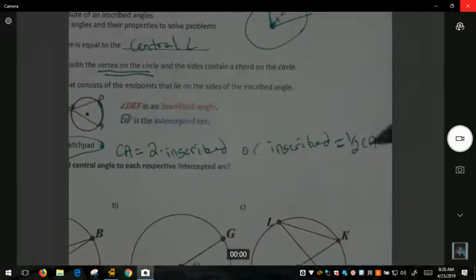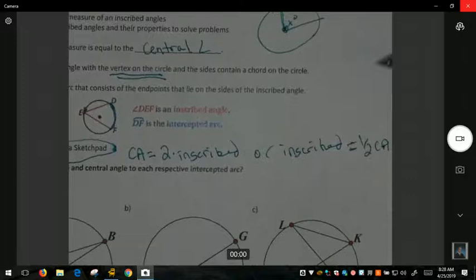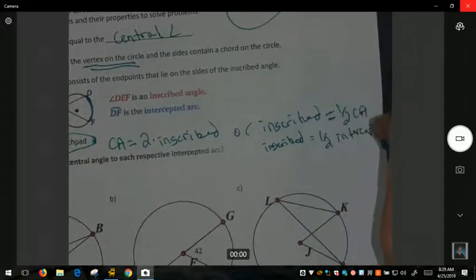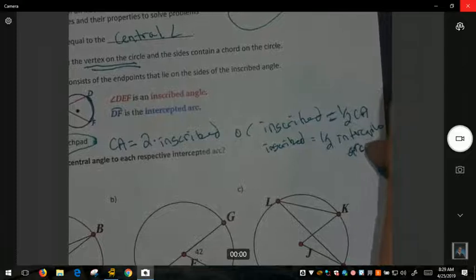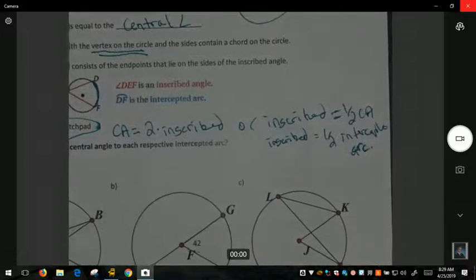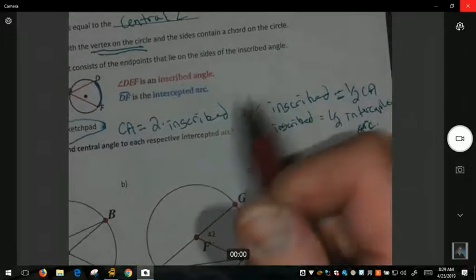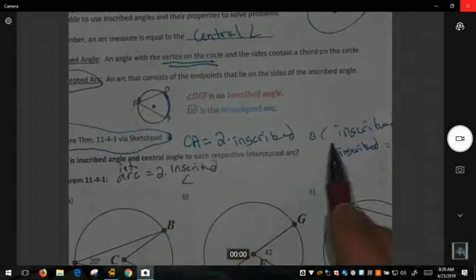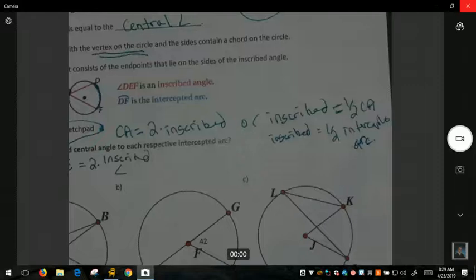Now, because the central angle and the arc are the same, we also have that the inscribed angle is half of its intercepted arc in terms of its measure in degrees. Or the arc is 2 times the inscribed angle. So the intercepted arc is 2 times the inscribed angle, and the inscribed angle is half the intercepted arc.